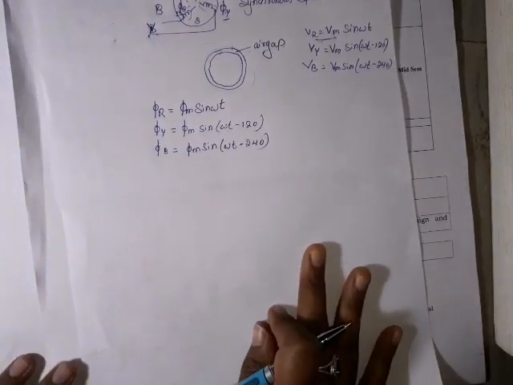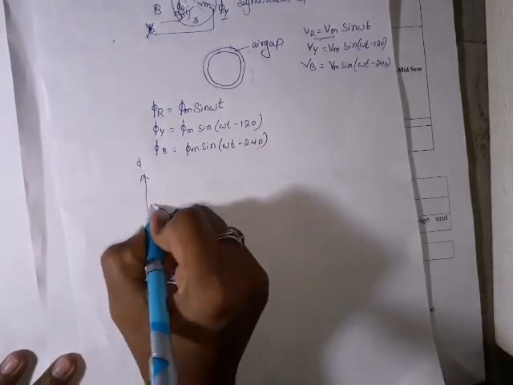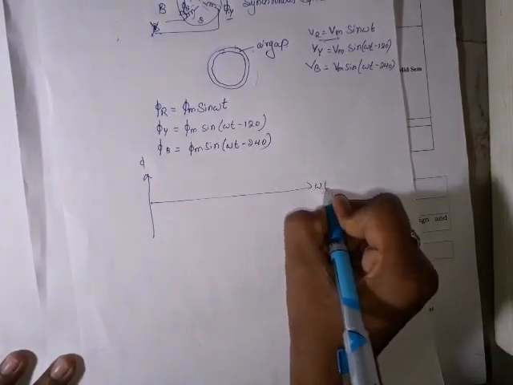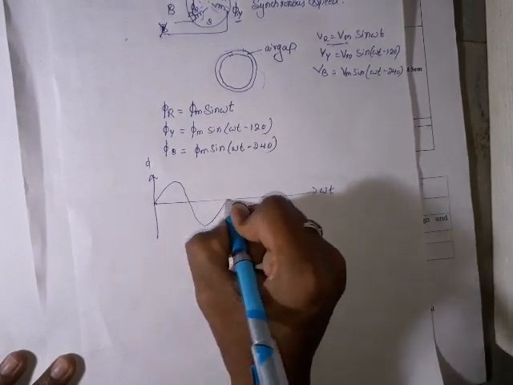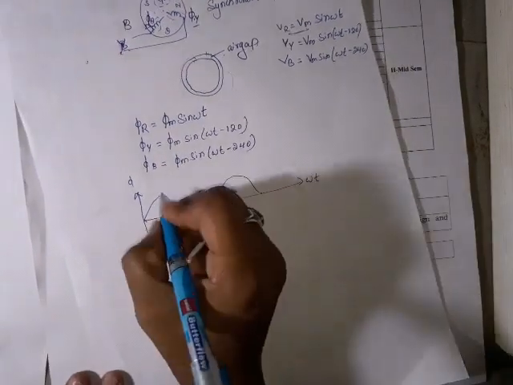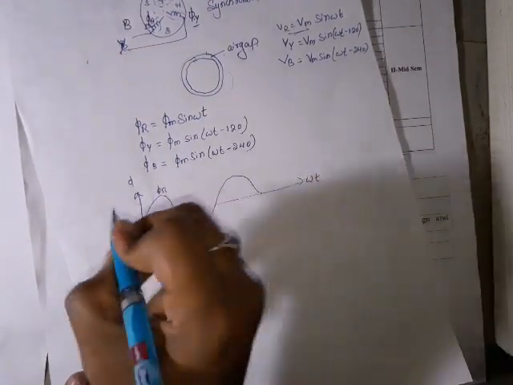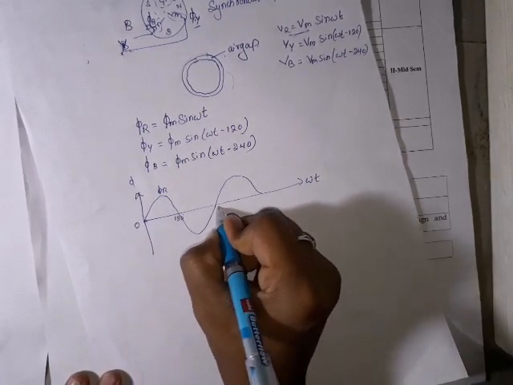If you look at the waveform of the flux with respect to omega t, this is the flux generated in R phase, phi R, at 0, 180, 360.